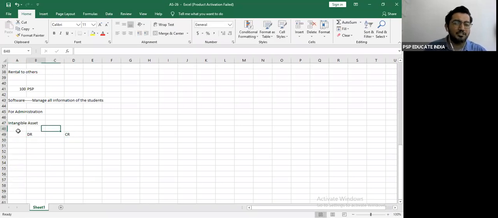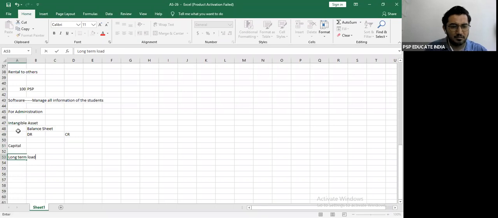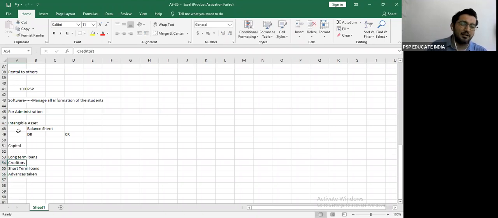Suppose this is my balance sheet. I have capital over here. I have long-term loans. I have creditors. I have short-term loans, and I have advances taken. What is all this? My liabilities. Opposite to it, what are my assets?